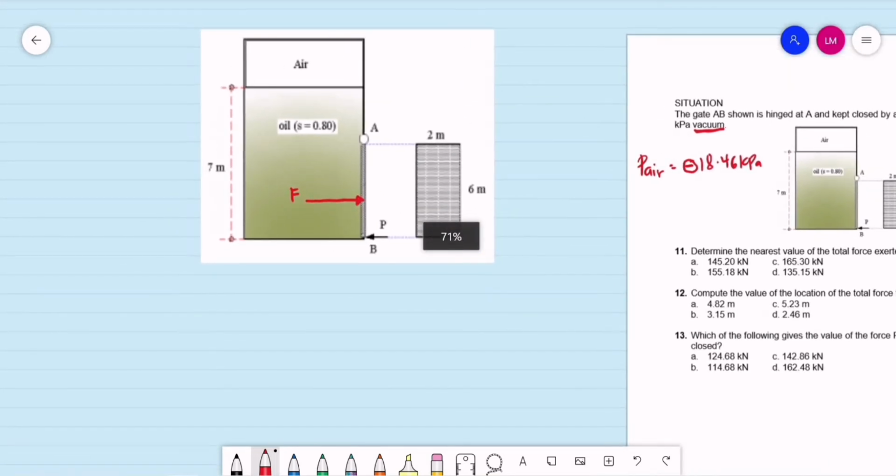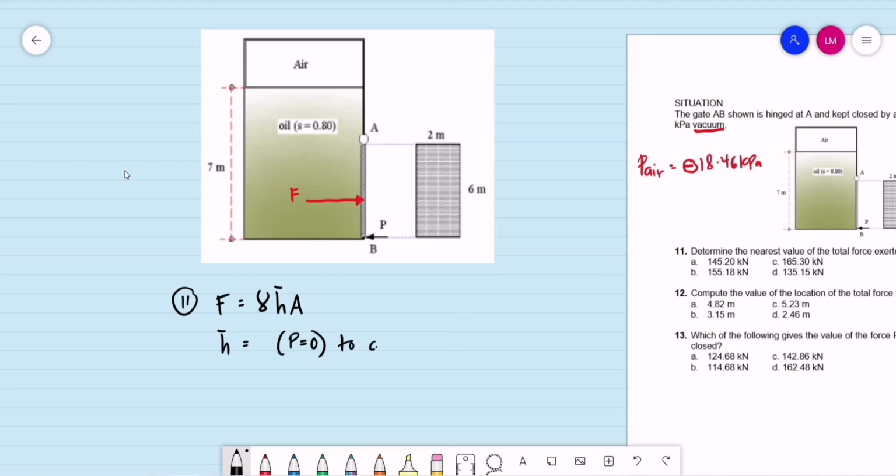So, yung previous examples natin, how do we compute for the total force? Ito yung equal to gamma bar H times the area. Kaya lang, kung i-recall natin yung definition ng bar H, equal ito sa distance from the location of the surface, which is a zero pressure, to the center of gravity.